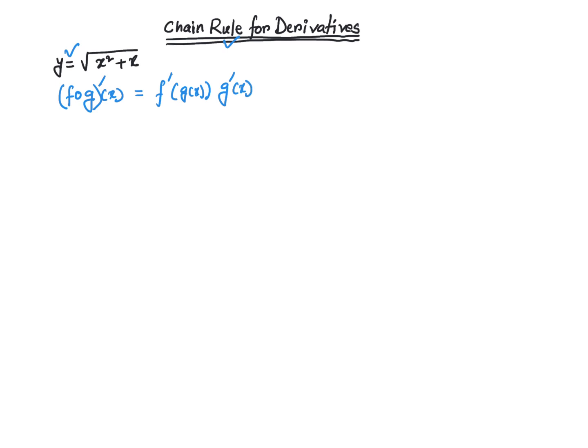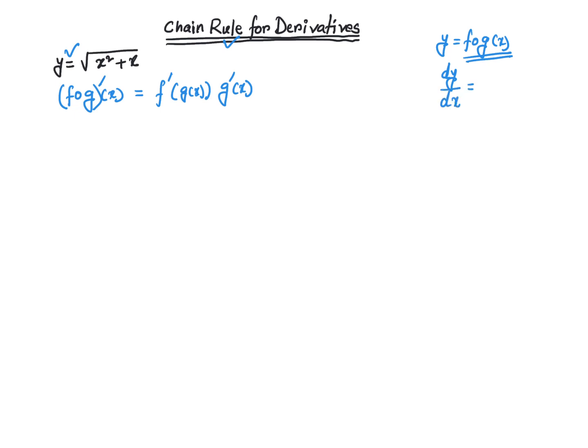Now this is the standard format, but there is a more convenient way of expressing this rule. It's called Leibniz rule. Let's say you have a function y, which is a composition of two functions f composed with g of x. If you would like to find the derivative of y with respect to x, that means finding dy over dx.